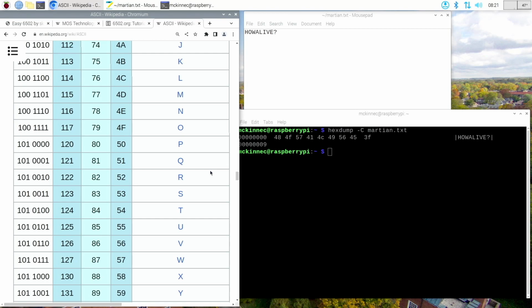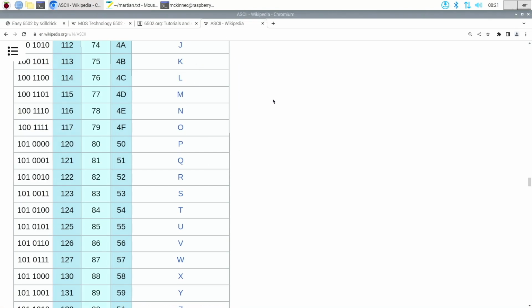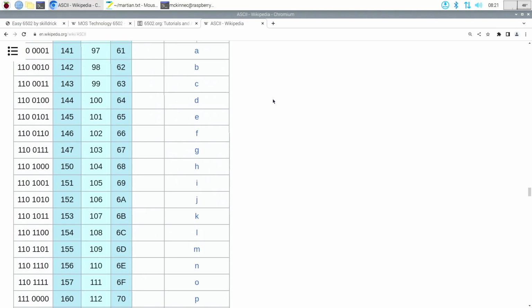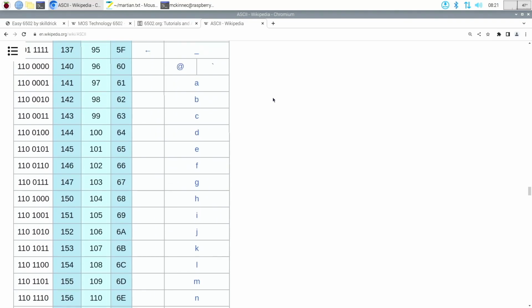Now let me full screen the table again, and let's look at what else is on there. In addition to the uppercase letters, we also have lowercase letters, and those are encoded separately because capital A and lowercase a are not the same thing.